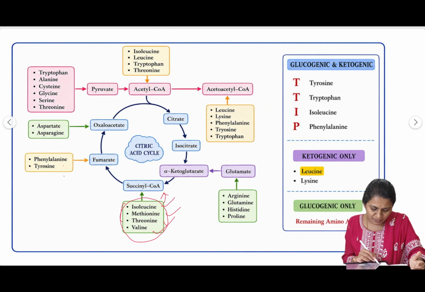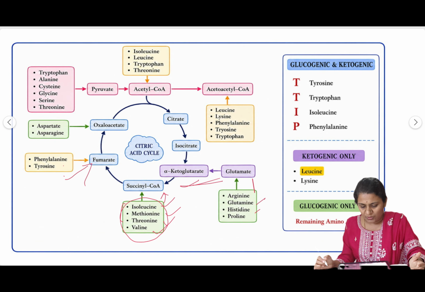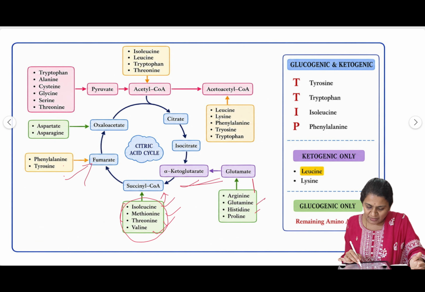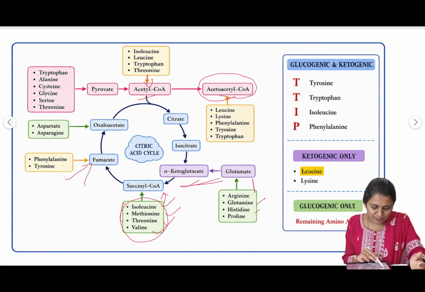Phenylalanine and tyrosine, after metabolism, can be converted into fumarate. Then arginine, glutamine, histidine can be converted into glutamate. Again glutamate can be converted into alpha ketoglutarate. Lysine and leucine can be converted into acetoacetyl CoA, that is ketone bodies. Isoleucine, leucine, tryptophan can be converted directly into acetyl CoA, and some amino acids can be converted into pyruvate.